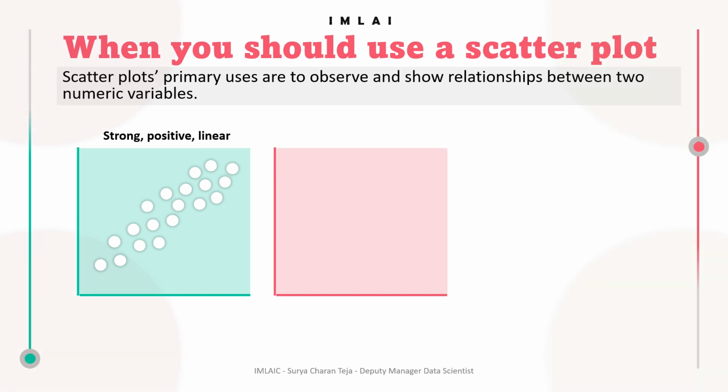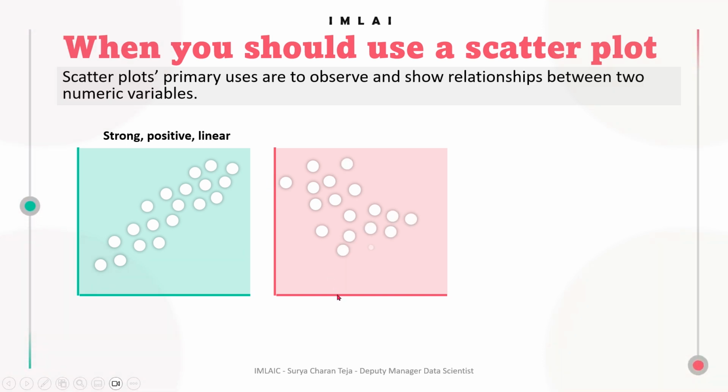And the other type is negatively correlated. Y is the dependent variable and x is the independent variable. When x is increasing, y is decreasing. You see that x is increasing and y is slowly coming down.